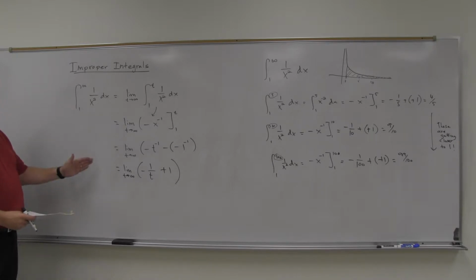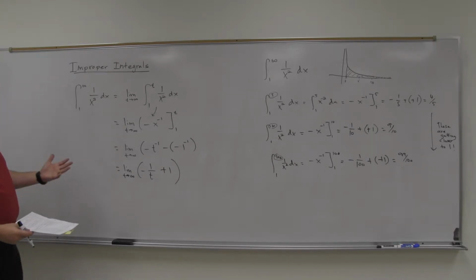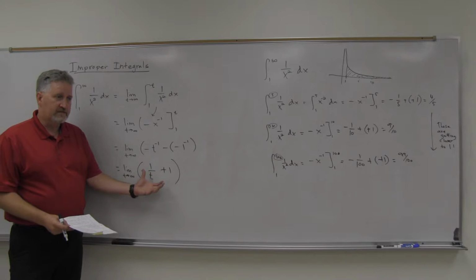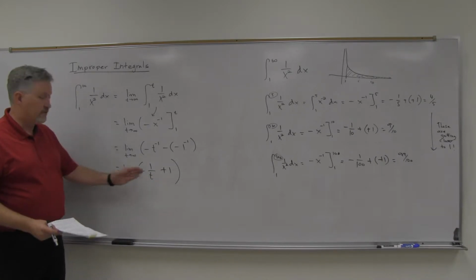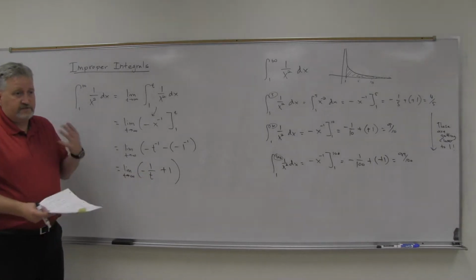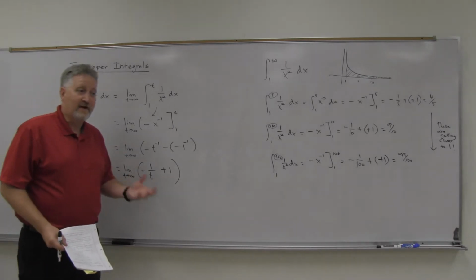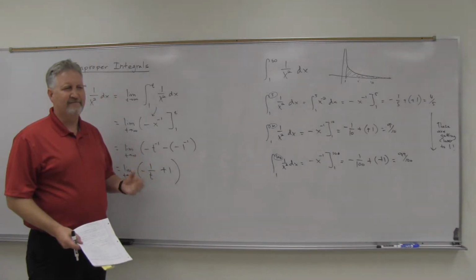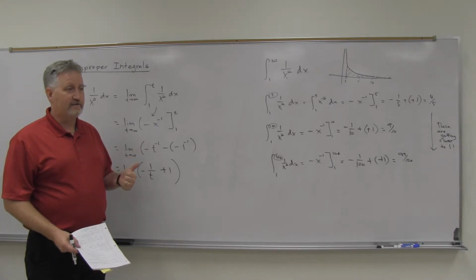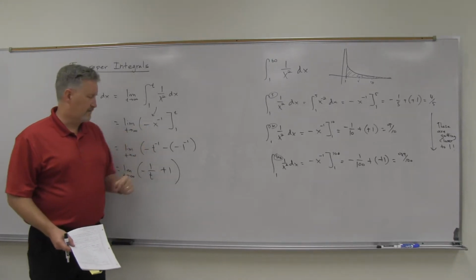With me so far? So far, so good? All right, now, once we get it simplified as we can, now we do our limit, which is the same as we've done limits before. Sometimes we might have to use L'Hopital, not very often, or there's some other things that we'll talk about.